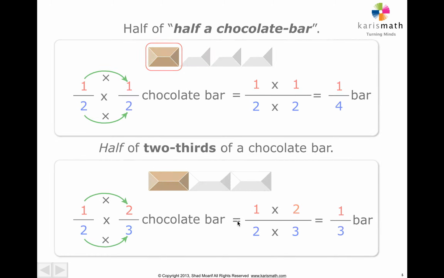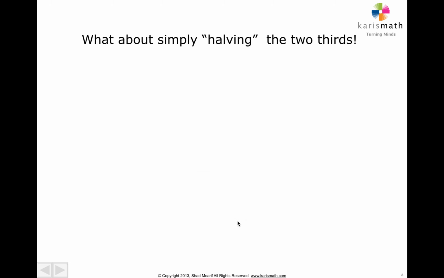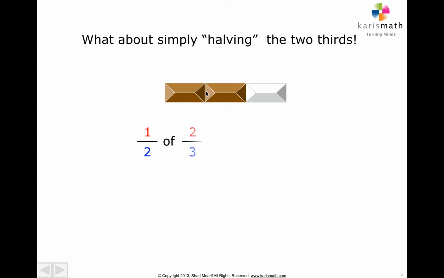Now that's common sense, so let's just use common sense and halve 2/3 right here. This is 2/3, right? So half of 2/3 would be half of this. Half of this would be just cut a line down right there, and it would be just this. So that would be 1/3. That's common sense.